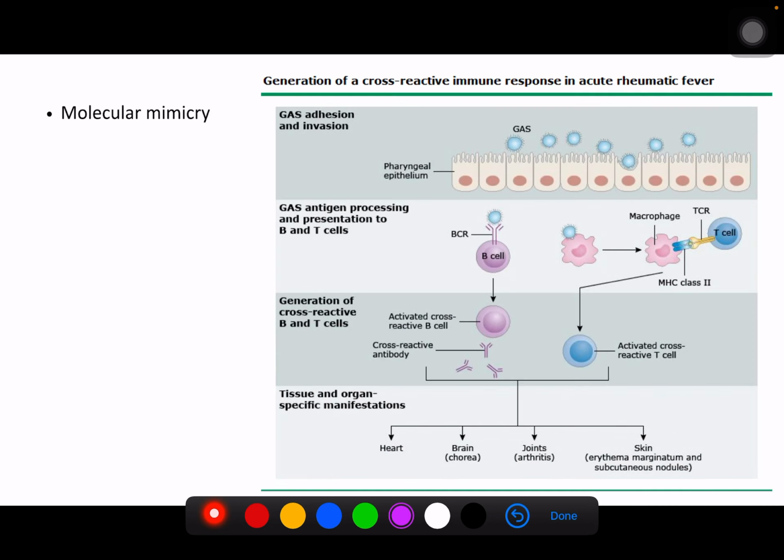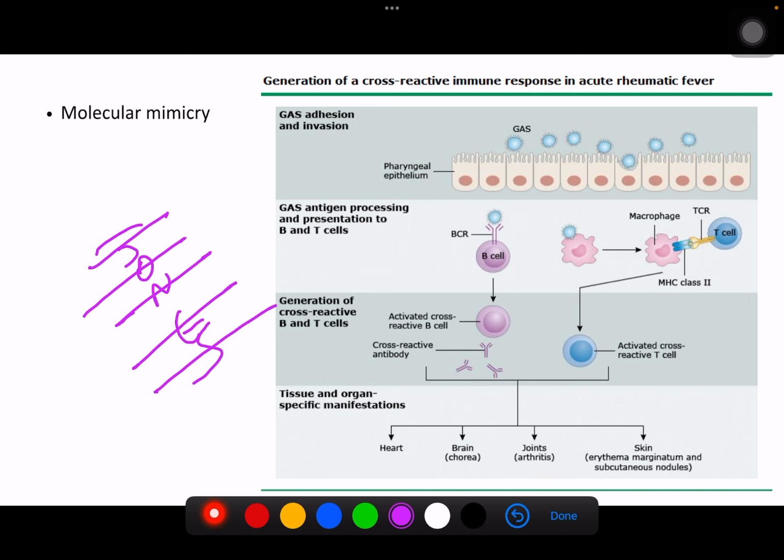Now we have certain components. See here, group A streptococcus goes for adhesion, then invasion, recognition by B cells, macrophages, MHC cells, and activation of the T cells. These different antibodies go to different areas. There is a criteria known as the Jones criteria. JONES: J is joint, O is heart, N is nodules, E is erythema marginatum, S is subcutaneous nodules.